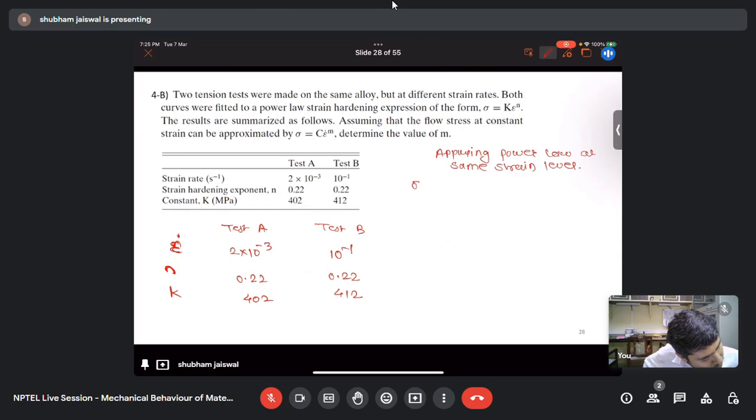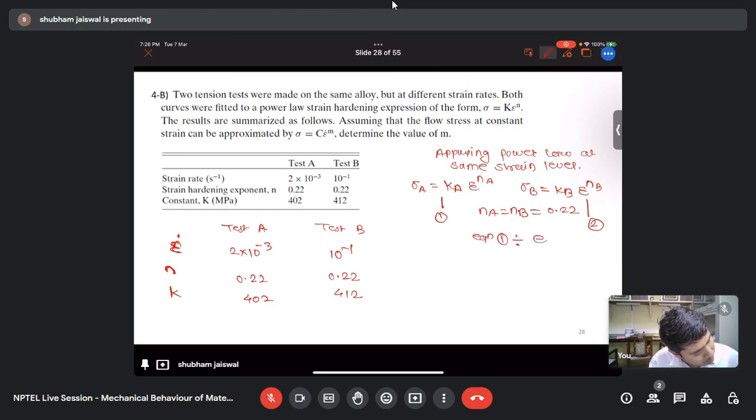Let's say the first test is sigma A equal to Ka epsilon to the power Na, and sigma B is equal to Kb epsilon to the power Nb. Na equal to Nb equal to how much? It is 0.22. Let's say this is our equation 1 and this is our equation 2. Now if I divide equation 1 by equation 2, what will I get?